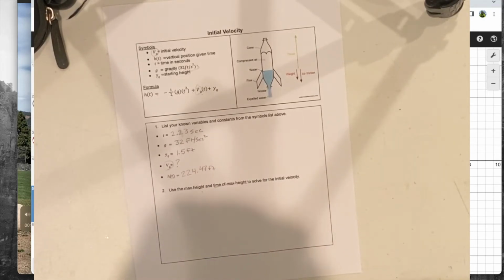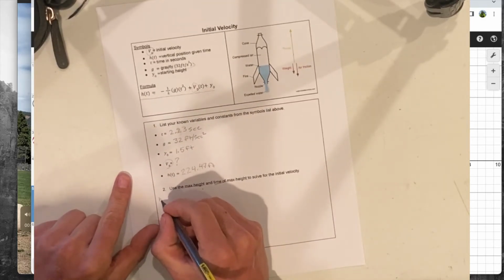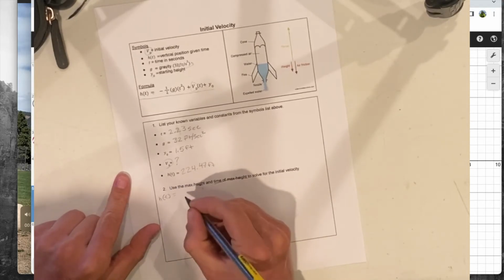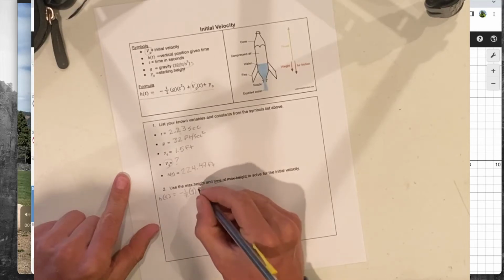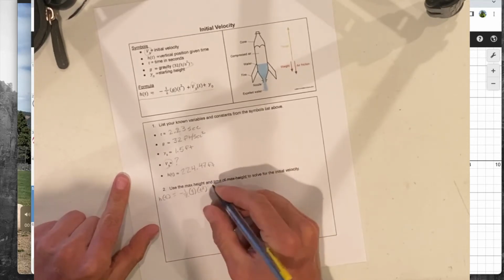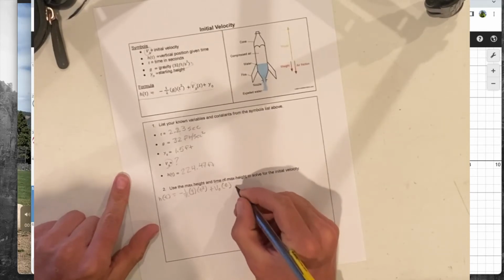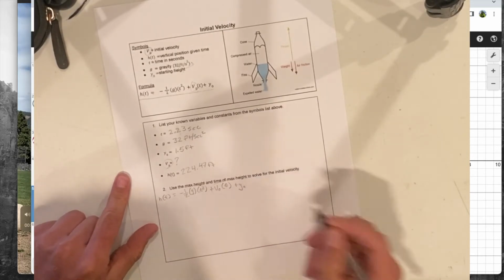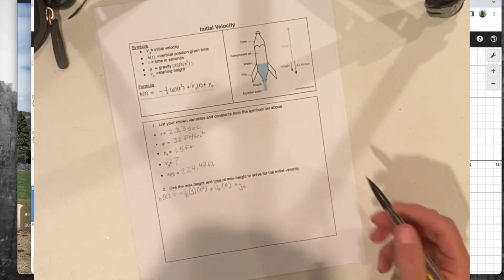And so at this point, we're going to use the max height and the time of max height and solve for the initial velocity. So I'm going to use this formula as my tool first. H of t equals -1/2 g times t squared plus v naught times t plus y naught. And all I'm doing here is plugging in my knowns.